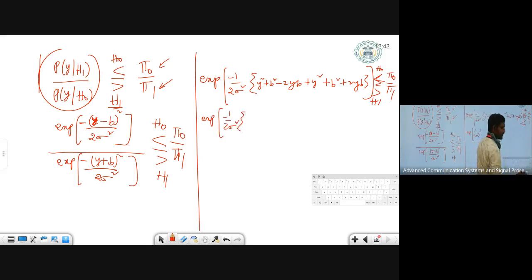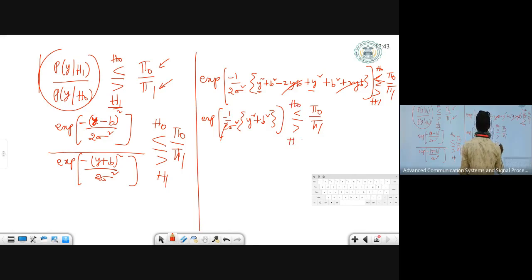Because this is the first time I am doing all the derivation, otherwise I am a very lazy person. Minus 2yb plus 2yb gets cancelled. Of course 2y square and 2b square, the 2 also gets cancelled. So y square plus b square will be there, less than pi naught by pi 1, h0, h1.